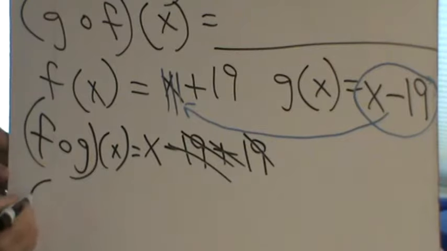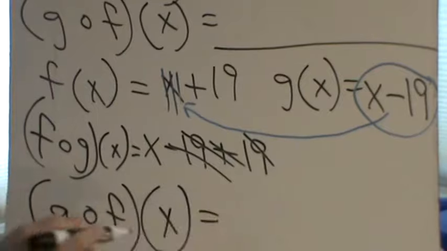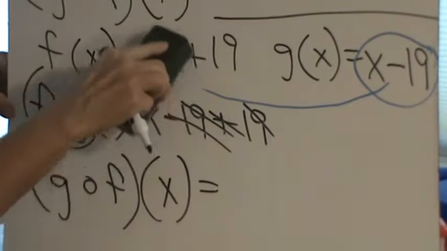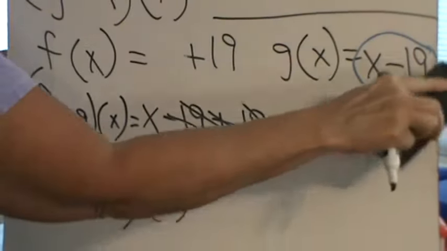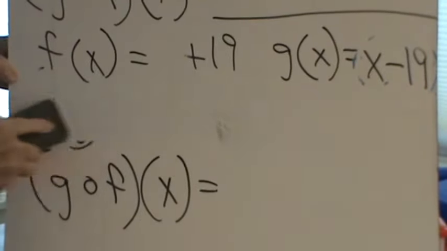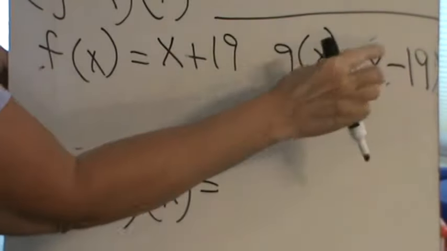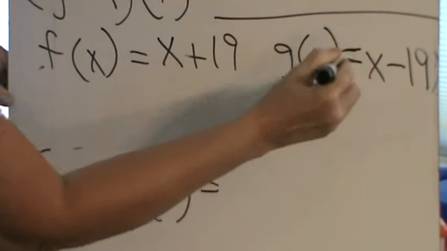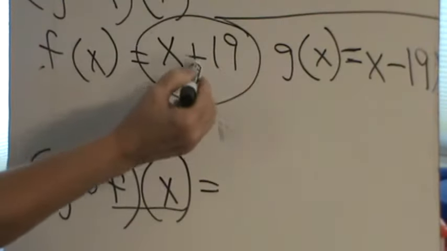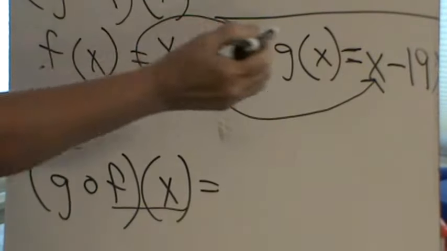Okay, now let's try that again with switching it around. They want g of f of x. When you're finding g of f of x, they're wanting you to put in the f of x problem, this problem right here, into the g on top of x.